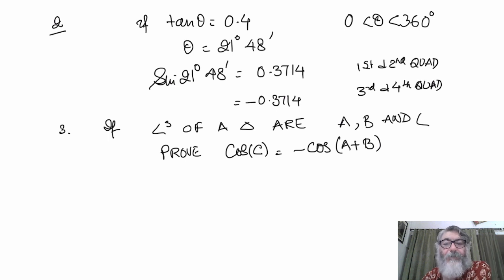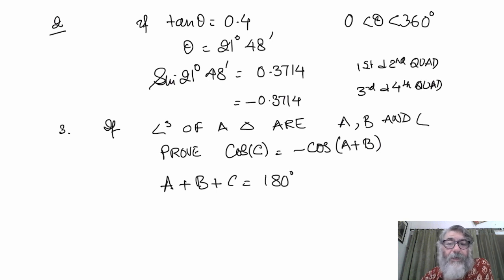Now because he's saying A, B and C are the angles of triangle ABC, that means they will follow the property of the triangle. So A plus B plus C will be 180 degree. The sum of the three angles of a triangle is equal to two right angles. I can write it in degrees as 180 degree, and in radians as pi radian.